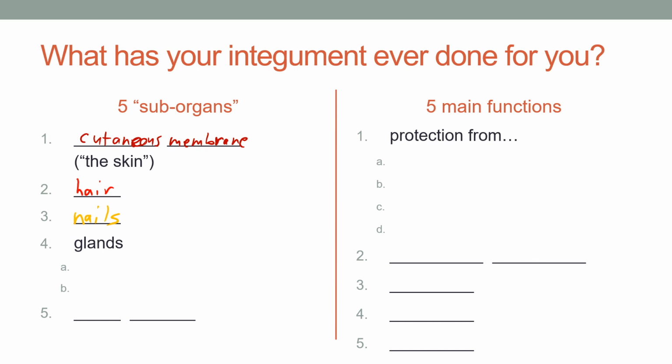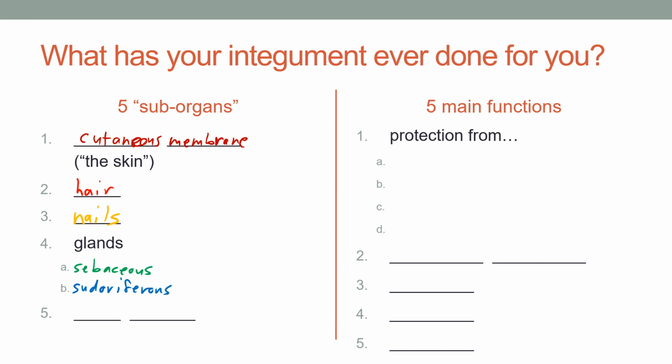We have glands. There are 2 kinds of glands in the body. One is sebaceous, and the other is sudoriferous.